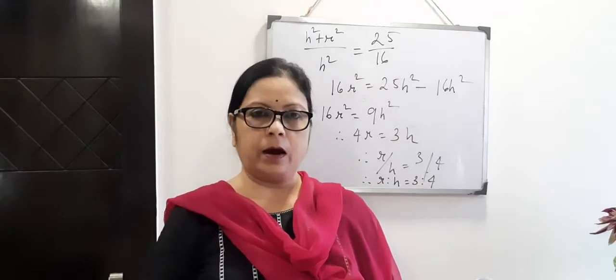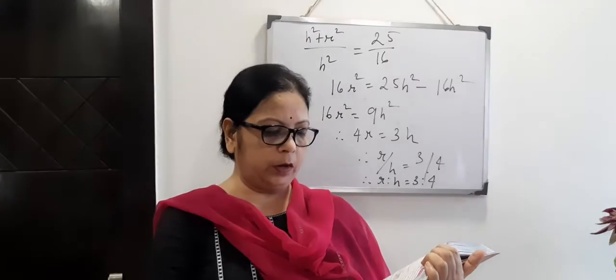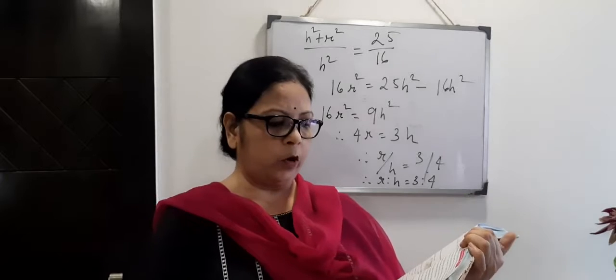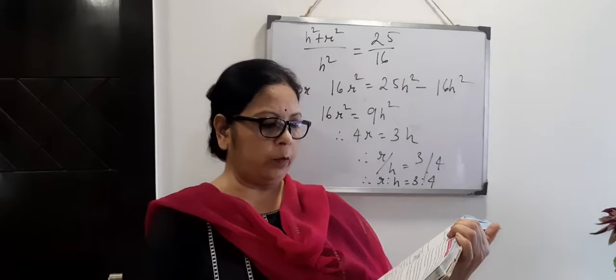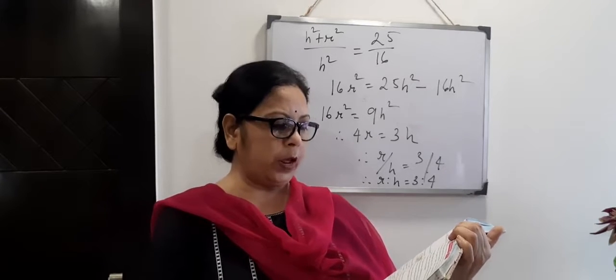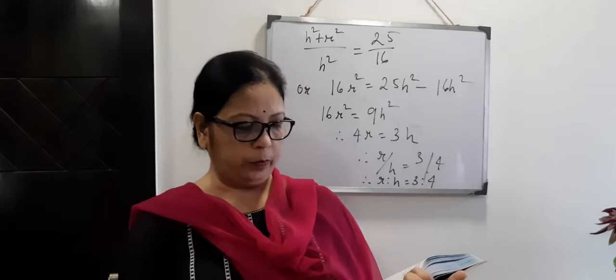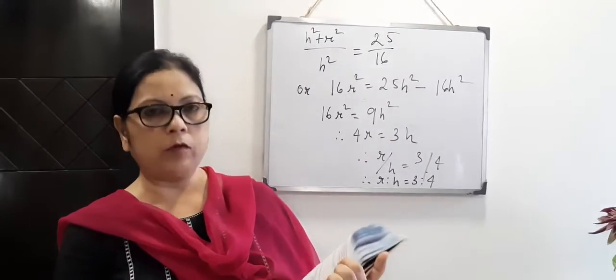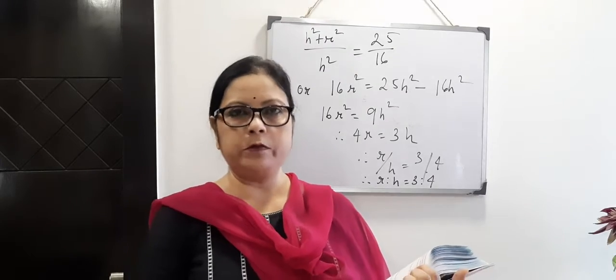By melting a solid iron sphere with 8 cm radius, how many marble balls of 1 cm diameter can be obtained? Calculate it. When this type of sum will come, you know how to calculate the number of balls.